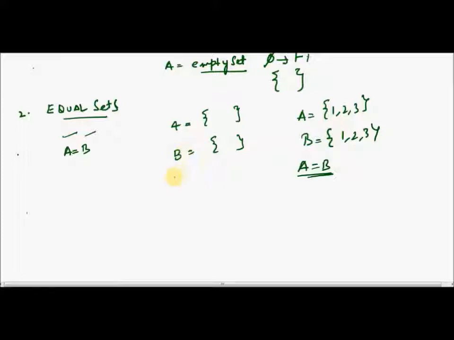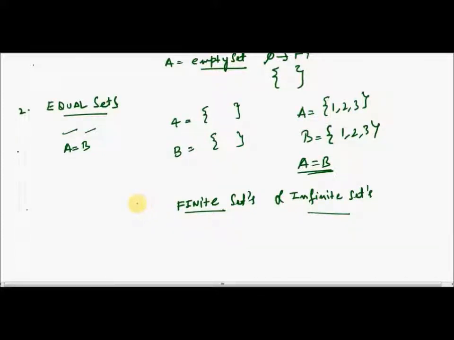Now let's talk about finite sets and infinite sets. Right? Now what is a finite set? A finite set, as the name suggests, is a set which contains a finite number of elements.